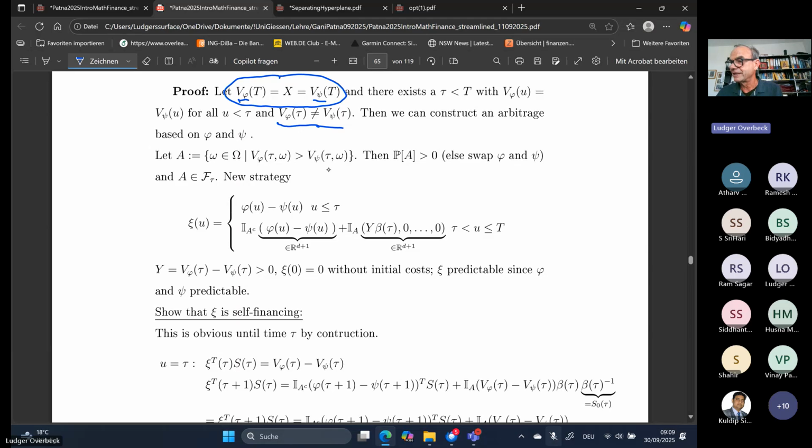And if this happens, then you buy psi and you sell phi. You make money out of this. But the strategy at the end, then you wait until the end.